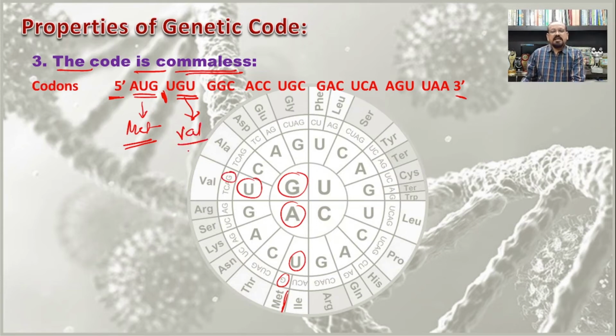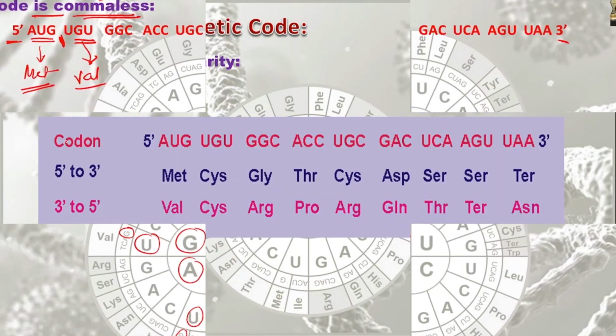So such a sequence of codons is present on the mRNA, and these different sequences are responsible for specifying the particular amino acid, and in between the codons there is no presence of any nitrogen base in the form of a space or comma, and hence the code is called commaless.